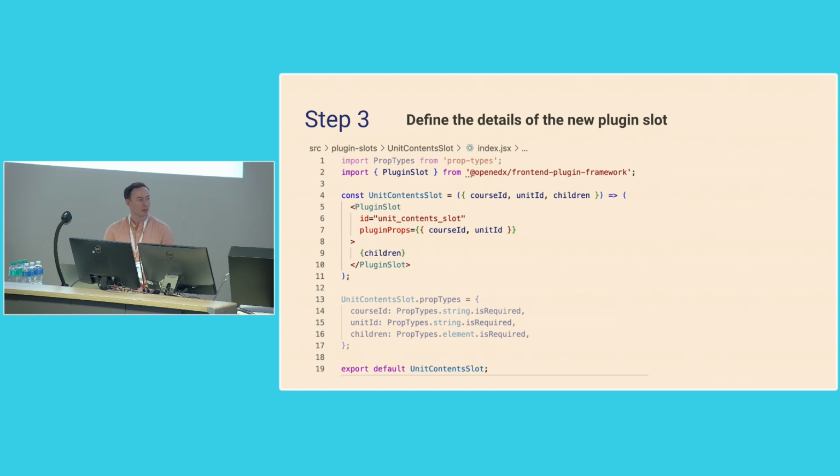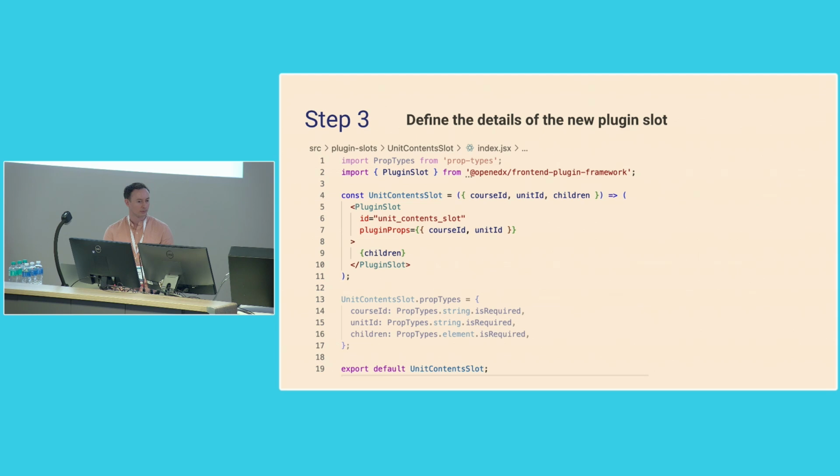So in the last session, I think it was Hajis raised the concern where you can theoretically, from inside this unit content slot component, import or actually use anything from the MFE. Like use the entire MFE as an API, right? We don't want plugin developers to do that. And the way we provide for that is via the props that you pass down, right?